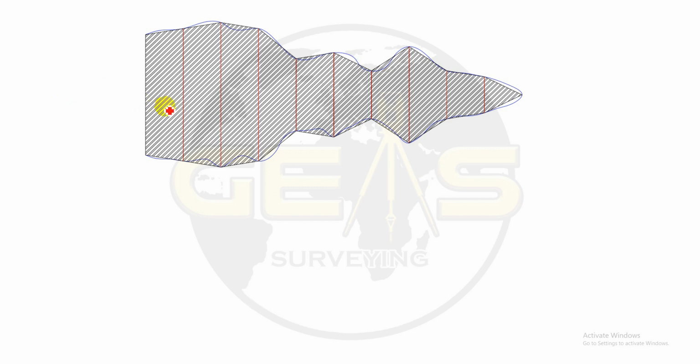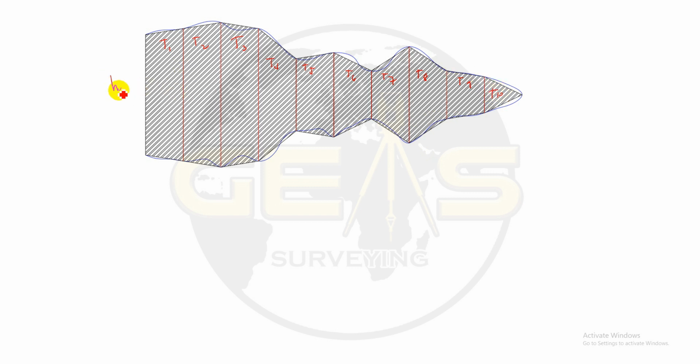As you can see here, we have trapezoids. Let's label them: trapezoid 1, trapezoid 2, trapezoid 3, trapezoid 4, trapezoid 5, trapezoid 6, trapezoid 7, trapezoid 8, trapezoid 9, and triangle 10.